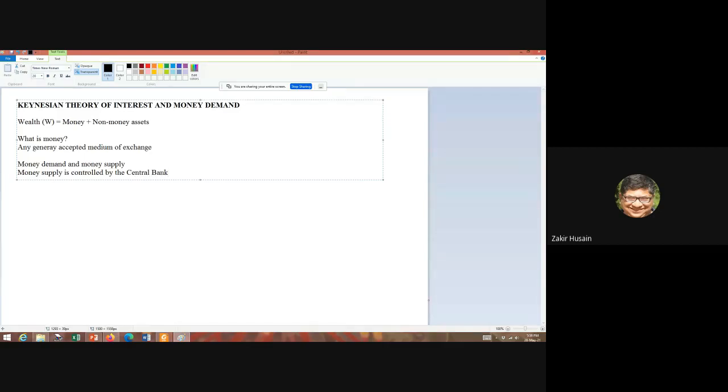In India, it is the Reserve Bank, which is the central bank. So, the central bank is the head of the monetary authority. It is the bank which controls and determines money supply.